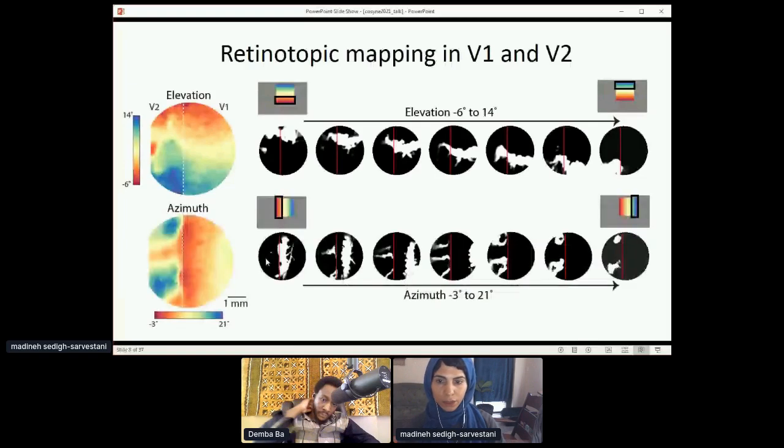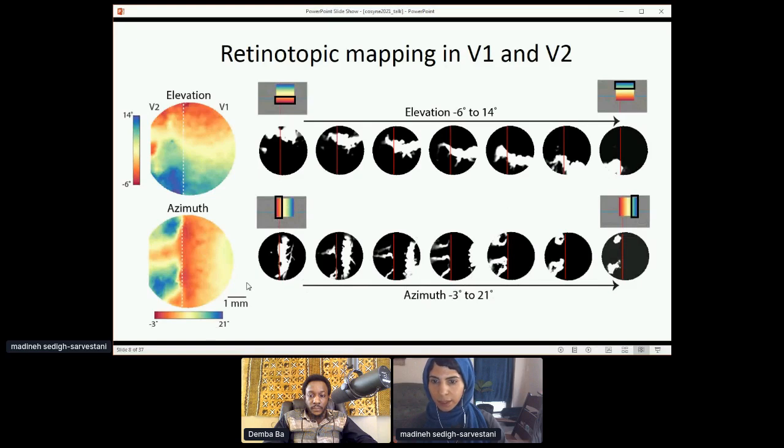For azimuth, things look pretty different. In V1, again, there's a corollary active bar, V1 on the right here, that moves with the bar until it's no longer visible in the window because the bar is too peripheral. But in V2, there's multiple active regions instead of a single one, and they seem to sort of diverge and converge as we move from central portions of the monitor to peripheral portions.